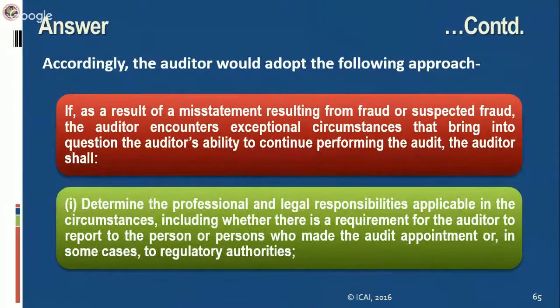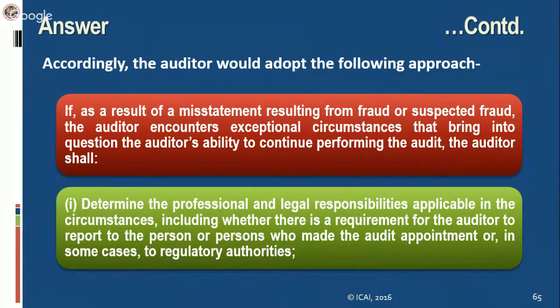Accordingly, what should be the step of the auditor? The auditor would do the following. If as a result of misstatement resulting from fraud or suspected fraud, the auditor encounters exceptional circumstances that bring into question the auditor's ability to continue performing the audit, the auditor shall, what should be the procedure?